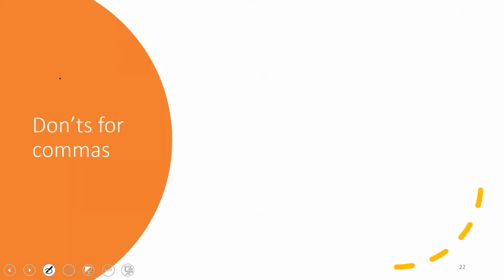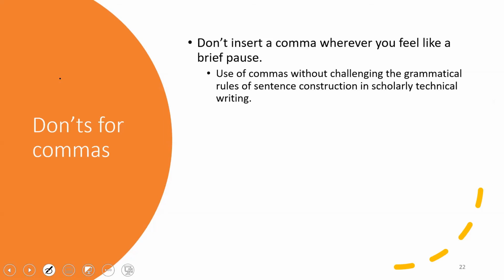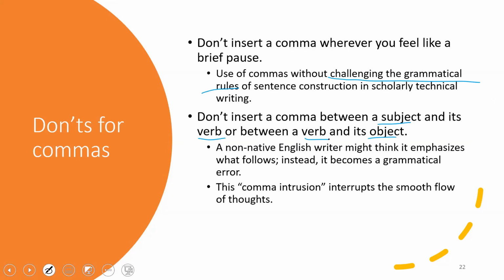You do not need to use a comma for the following cases. Okay? You don't want to insert a comma anywhere you feel like you need a brief pause. You cannot challenge the grammatical rules. Don't insert a comma between the key elements of a sentence. Okay? Sometimes a lot of non-native speakers think that emphasizes what follows.